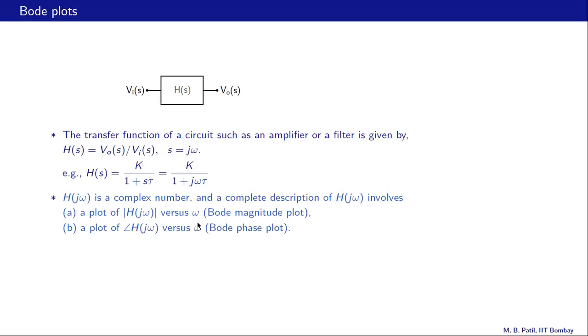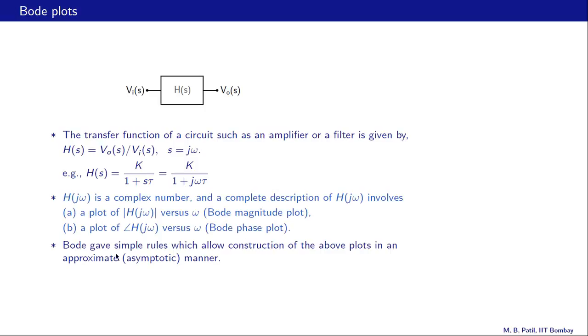This first plot is called the Bode magnitude plot, and the second one is called the Bode phase plot. Bode gave simple rules which allow construction of the above plots in an approximate or asymptotic manner, and we will see several examples of these plots.